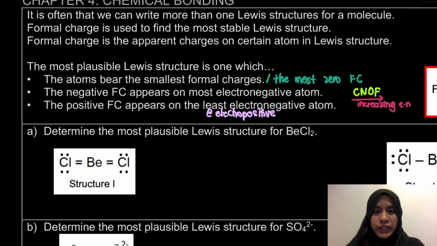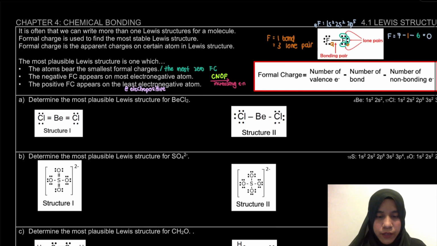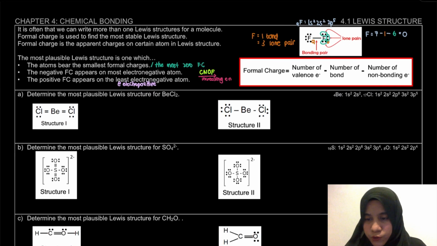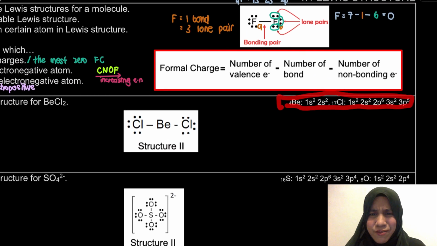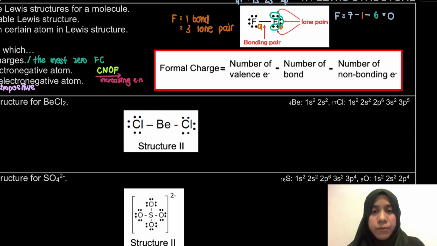So, let's do the calculation. Calculation A. Here we have our beryllium chloride. On your notes, you don't have this electronic configuration, so this one I have written down beforehand. Kalau nak, we can take a pause and write it down pun boleh juga. Again, for any given atom, I write down the electronic configuration first, because later you can see what the valence electron is.